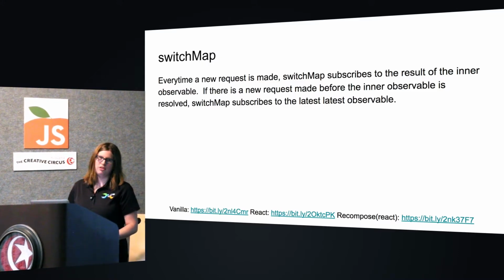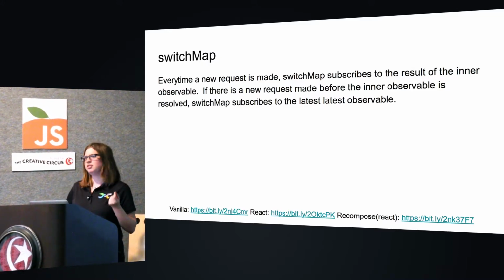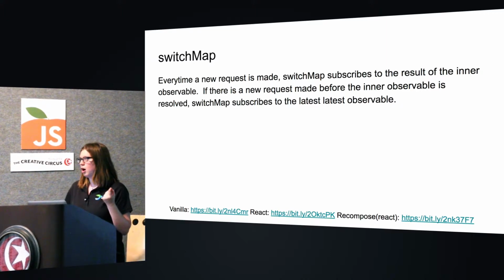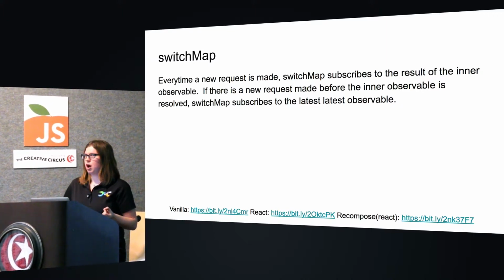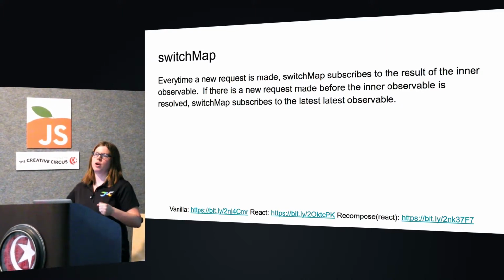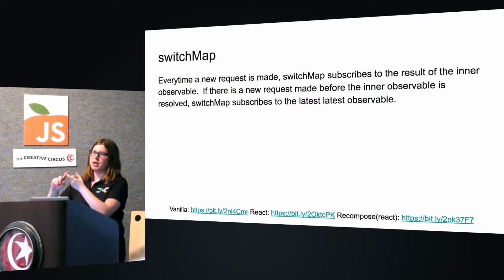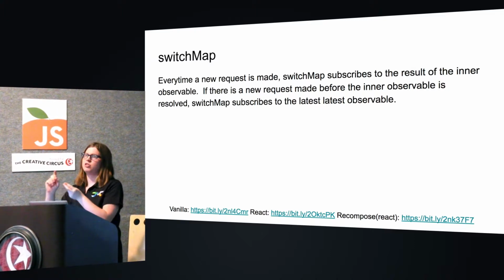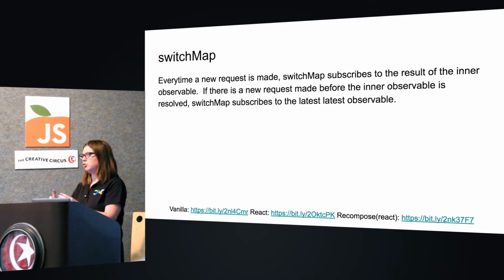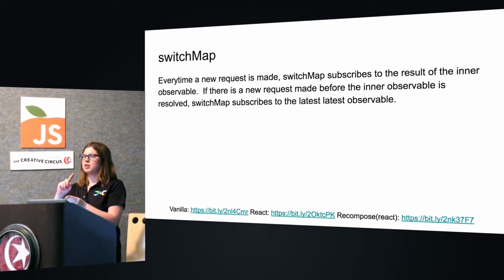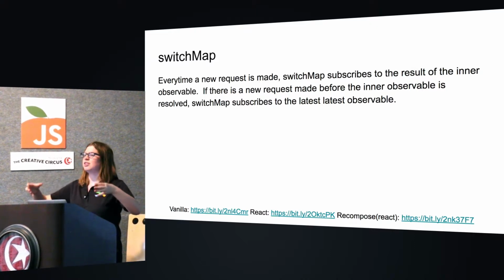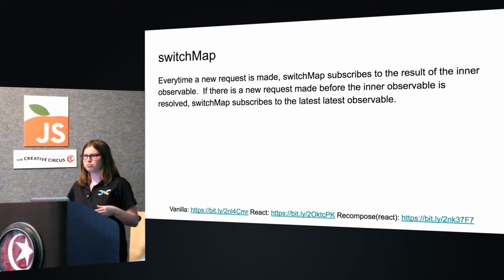And so this is going to be the piece de resistance of our pipe sandwich. All of the queries that have survived the gauntlet of all the operators we've had, making sure that they're distinct until changed, making sure that they're at least a length of 2, making sure that it is only the latest ones in that period of debounce.